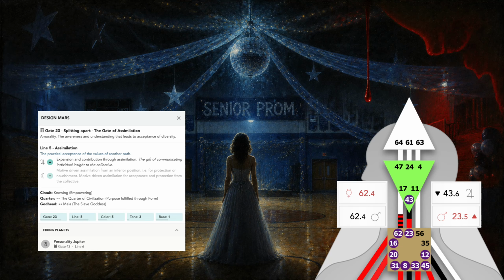The 5th line is the transpersonal line, the heretic's gift. A person with the 23.5 does not have to shout, I know. Other people project onto them that they know something. They are asked. And when they reveal their knowing and the explanation makes sense to others, they are rewarded for it and respected.